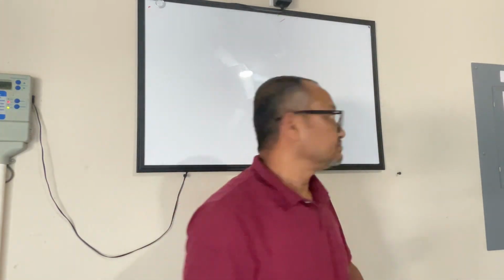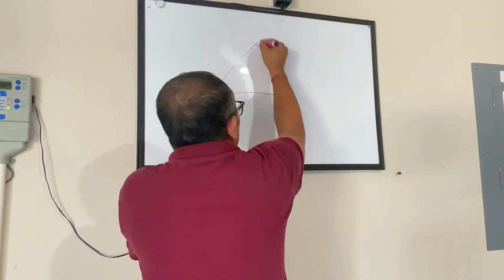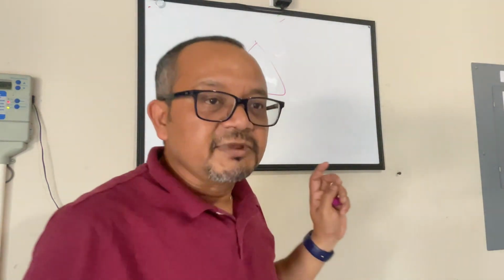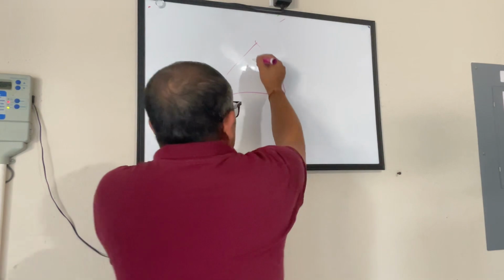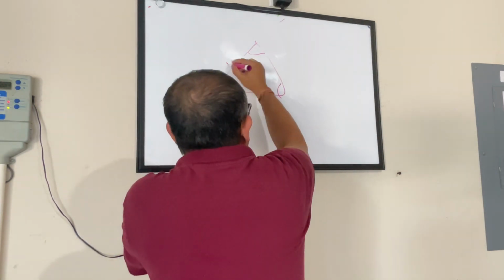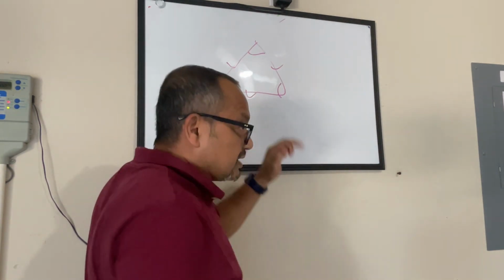When do you call something a triangle? Speak up, everybody. It's three-sided. Three-sided, okay. And three angles, okay. Three sides, this side, this side, this side, and three angles.